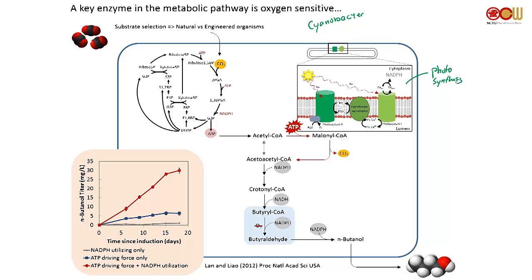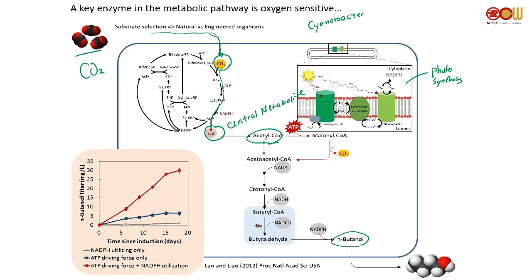So it gets the energy it needs from light. In the process, you can fix carbon dioxide. Right? So this is CO2. CO2 comes into the cell, gets fixed into glyceraldehyde 3-phosphate, so whatever. This is a central metabolite. My job is then to connect the central metabolite to butanol.